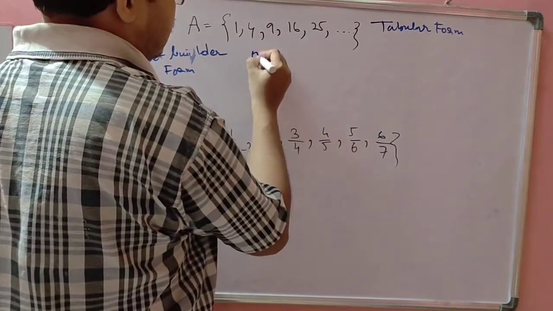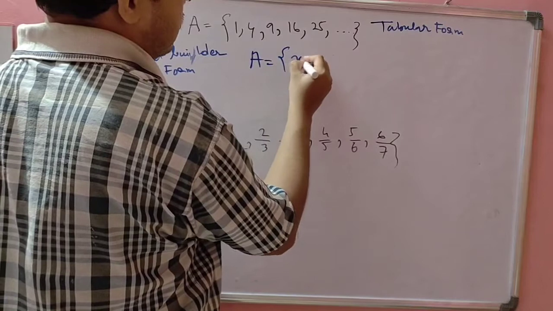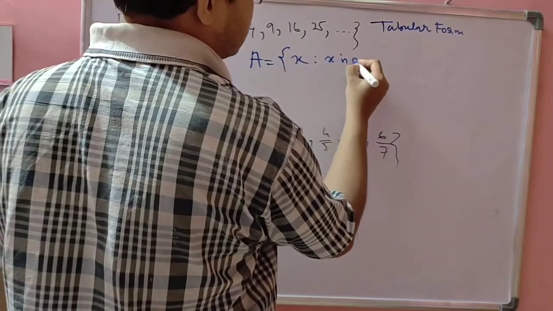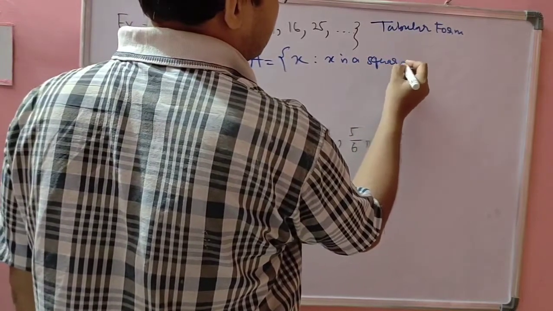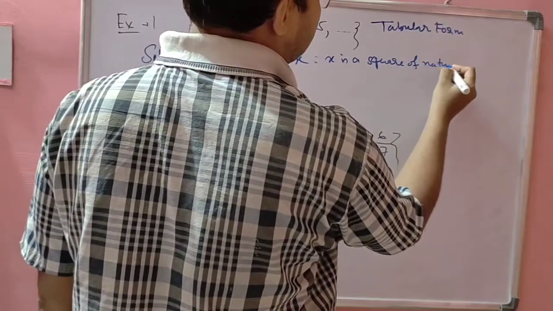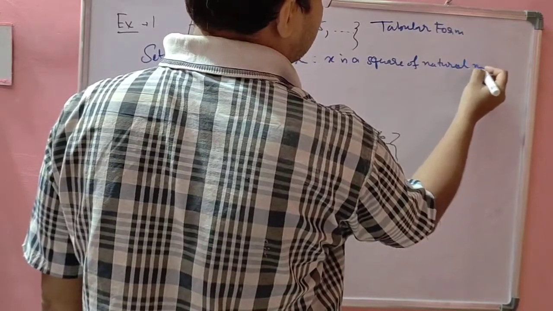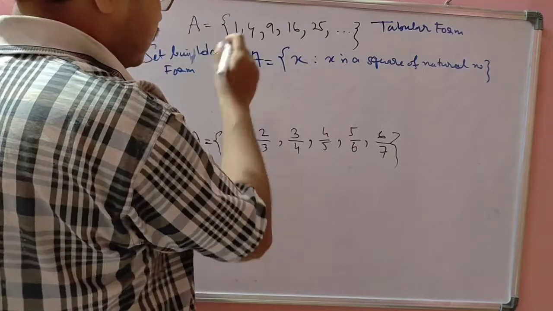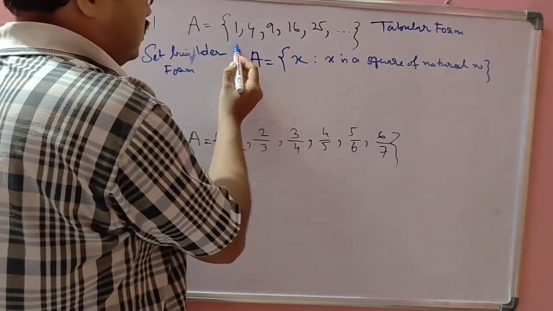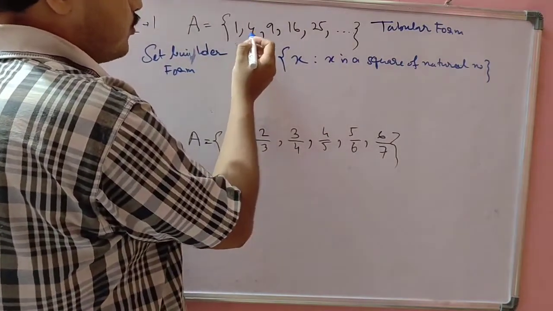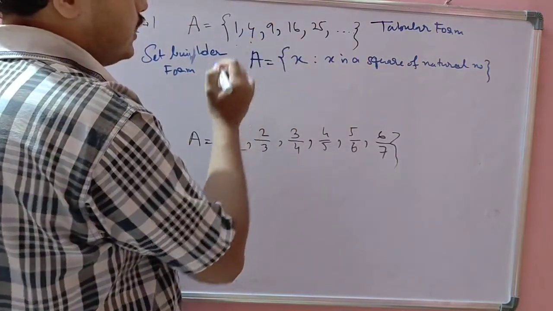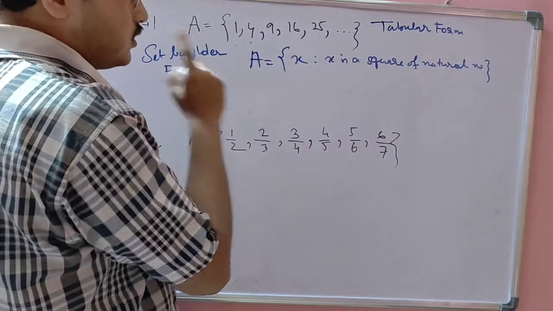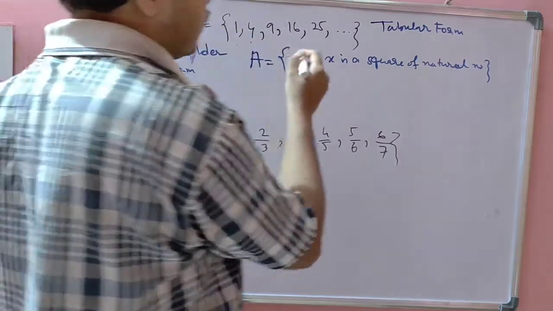Simple. A is a set, x is an element of the set A, x is a square of a natural number. How do we know that? Because look at the set: 1, 4 means 2 square, 9 means 3 square, 16 means 4 square, 5 square.